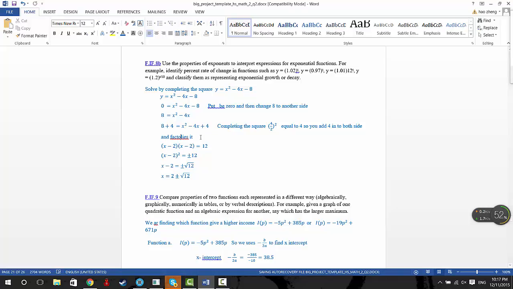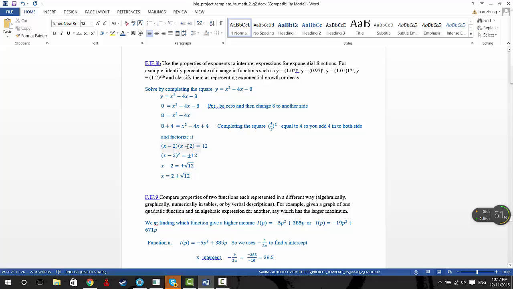Let me fix this. Factorize. Okay, easy peasy. So factorize it, and we'll get this thing.